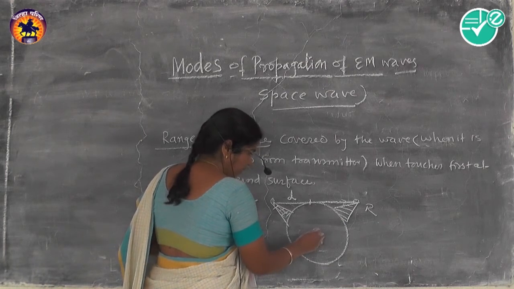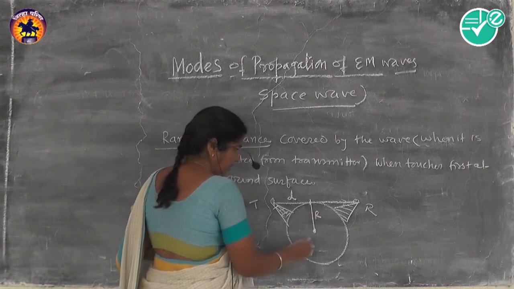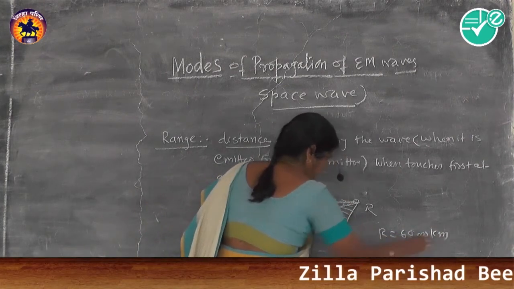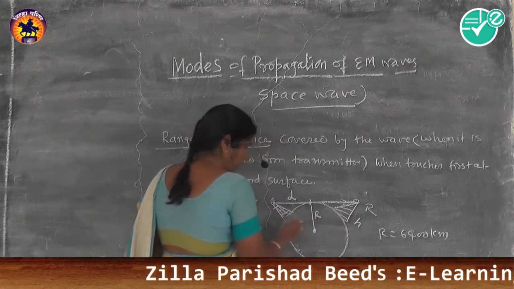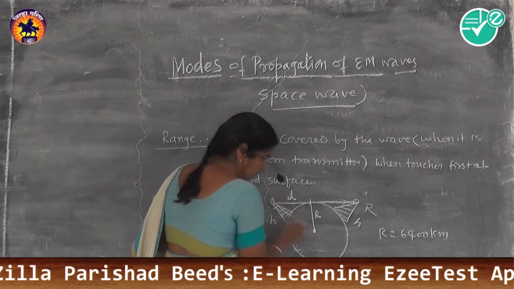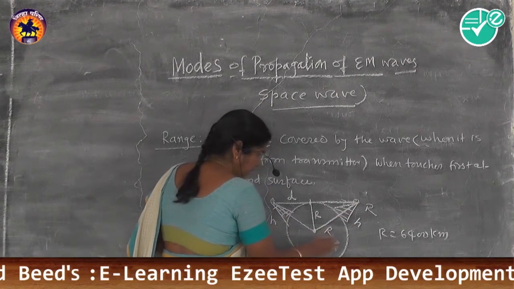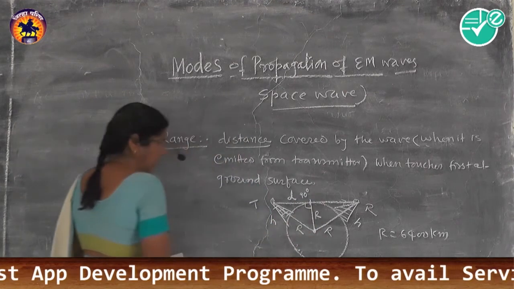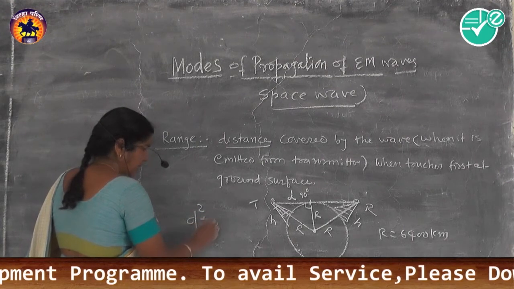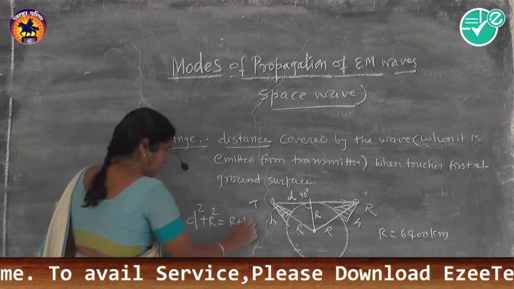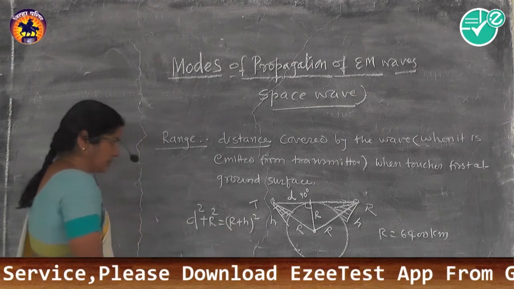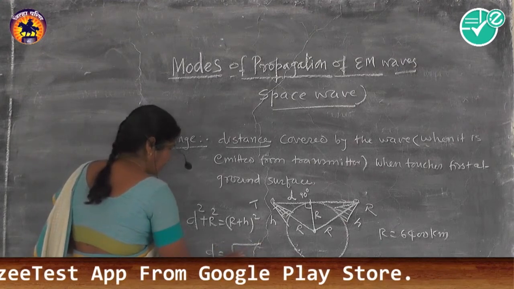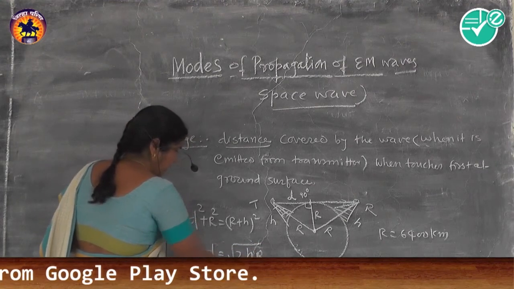If we draw the center of the earth, this distance is the radius of the earth, equal to 6400 kilometers. If the height of the receiver and transmitter is h, then this distance is r plus h, and since this is perpendicular, it is a 90 degree angle. So d square plus r square is equal to (r plus h) square. By this trigonometric relation we find d is equal to the square root of 2hr. So this is the distance when the wave first touches the ground.